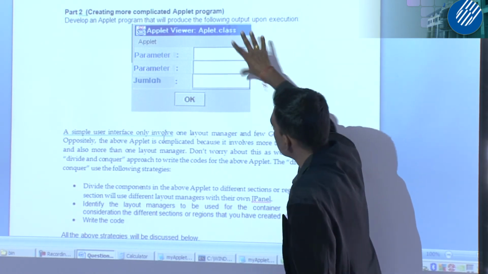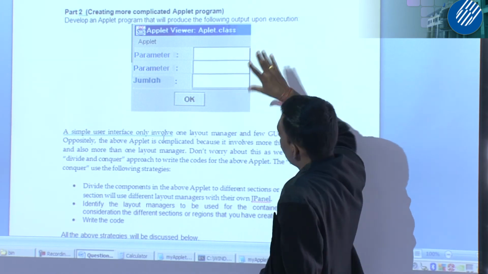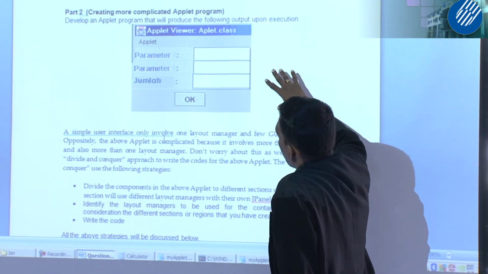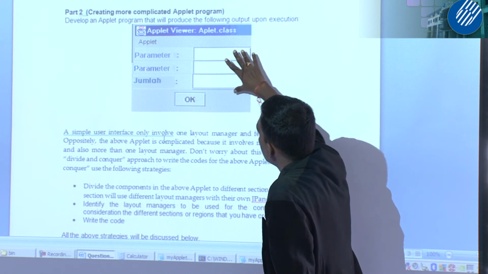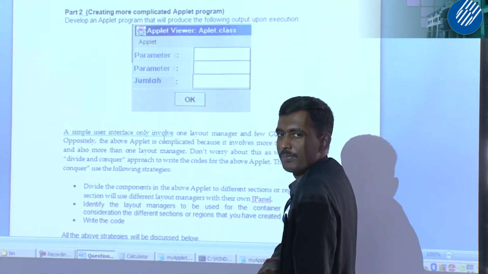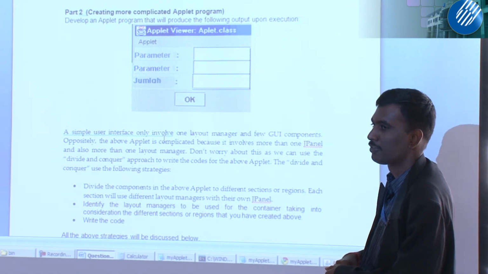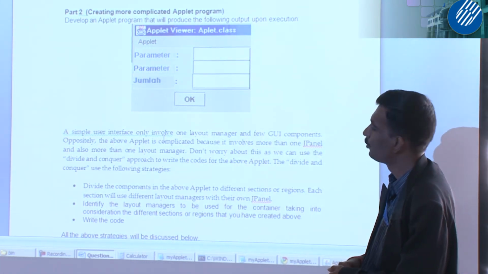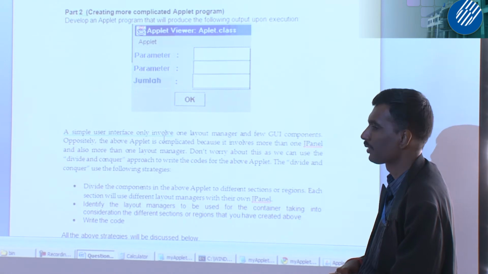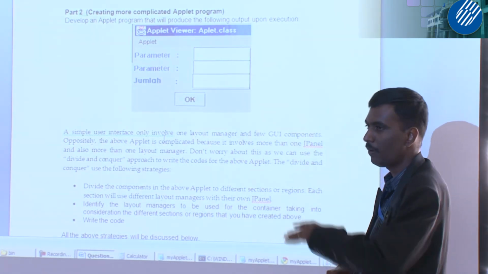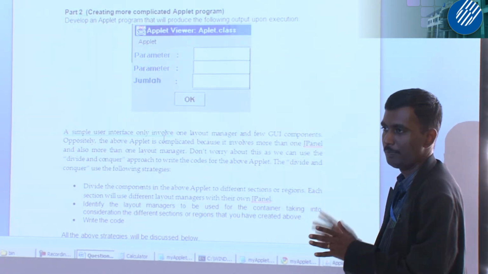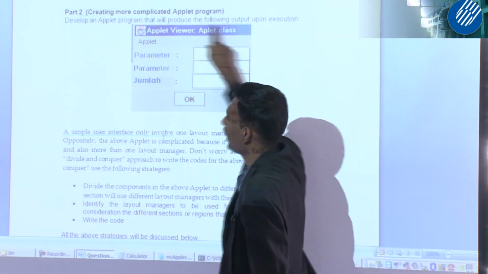From your observation, how many regions you can split this? If you see carefully, 4 or 2. It can be 4 or it can be 2, but not 1, because you cannot use one layout to organize all this, right?